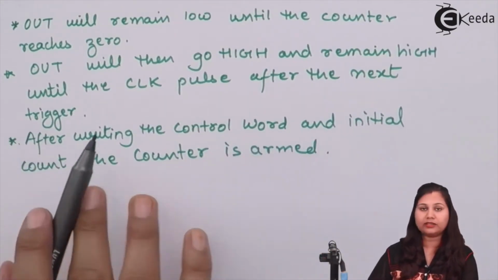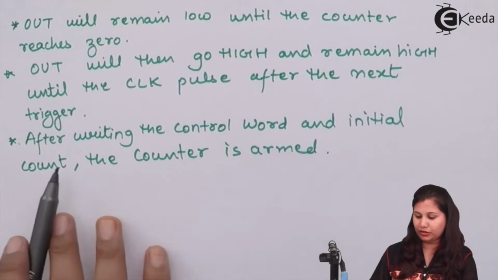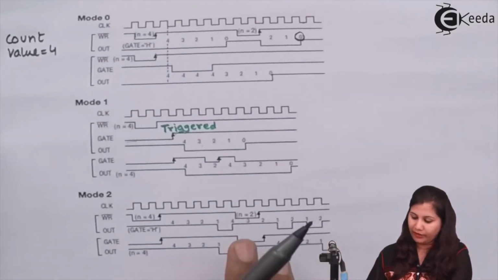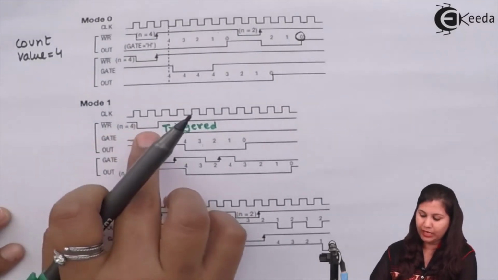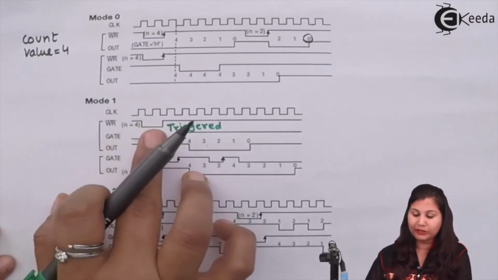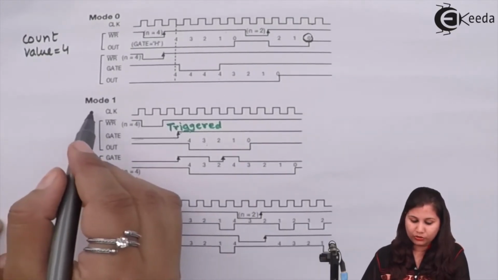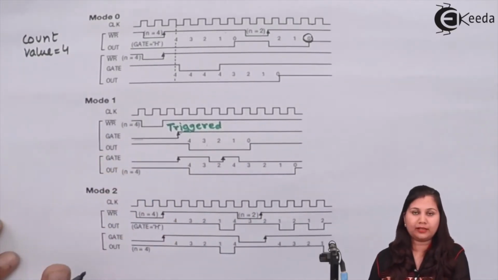Now, after writing the control word and the initial count, the counter is armed. When this control word has been written or the count has been loaded, the counter goes into the armed condition.